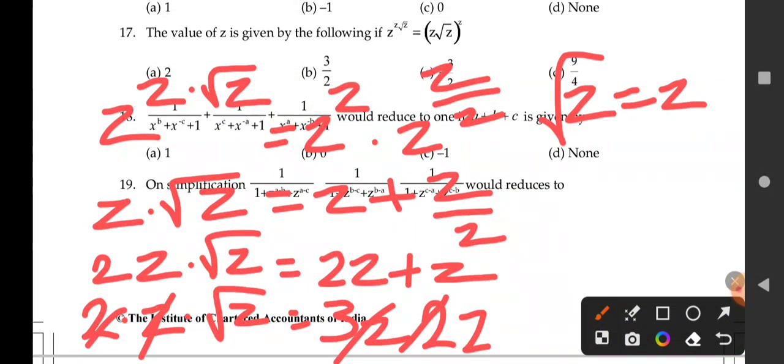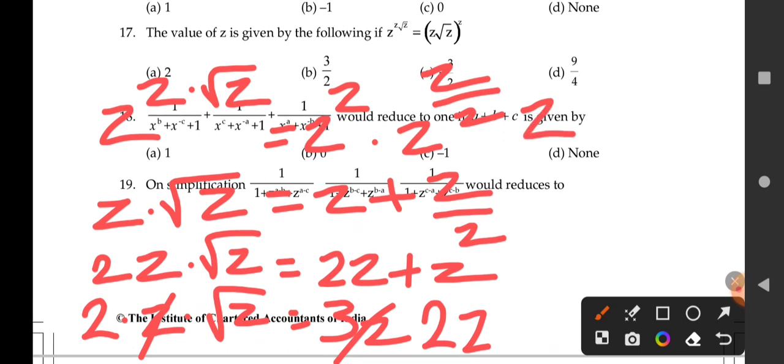Just a minute. Okay. So z gets cancelled with 1z. So what do we have? z gets cancelled with z. So the right hand side remains 3, right?